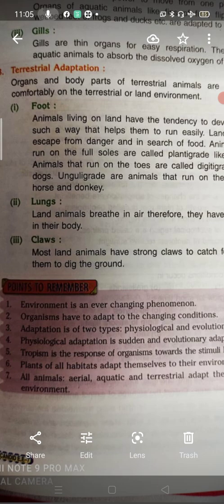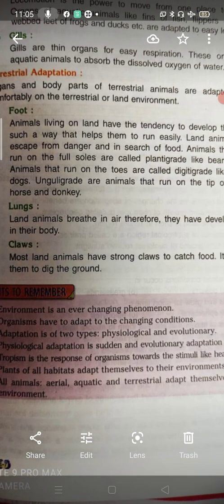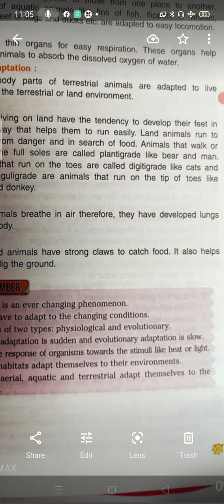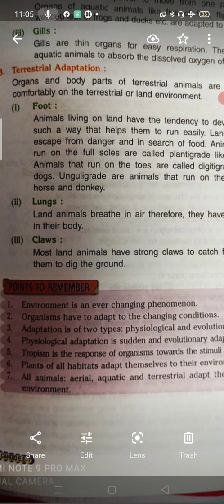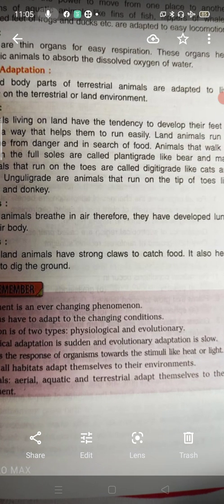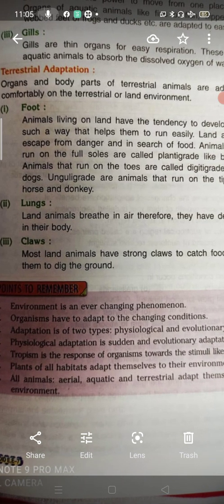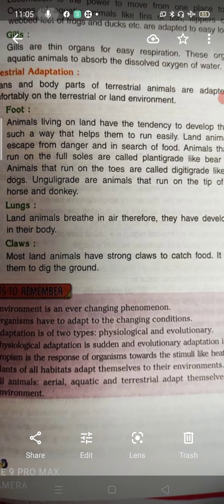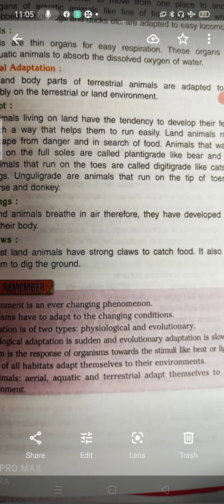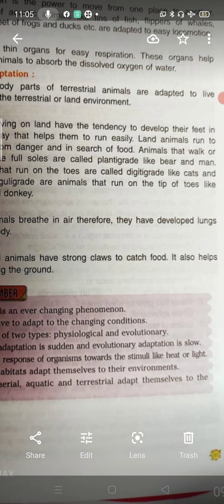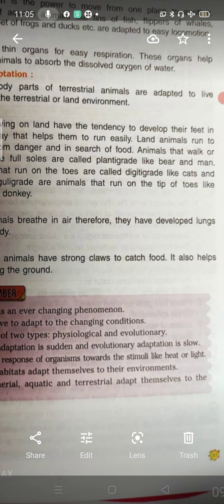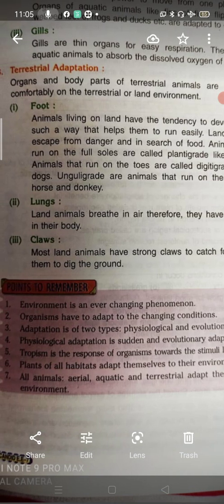Tropism is the response of organisms towards the stimuli like heat or light. Plants of all habitats adapt themselves to their environment. So, tropism is a response, that is how the organism responds towards a stimulus, like whenever light or heat is coming, how they are going to respond to these stimuli.